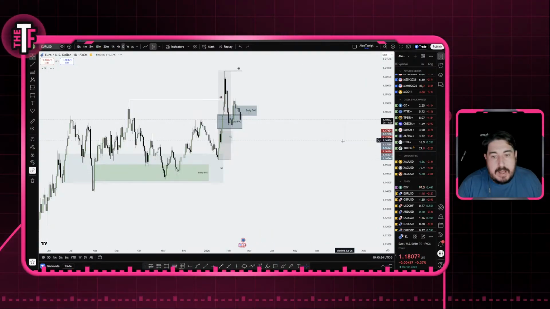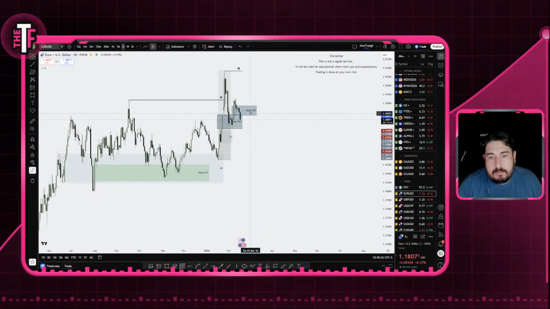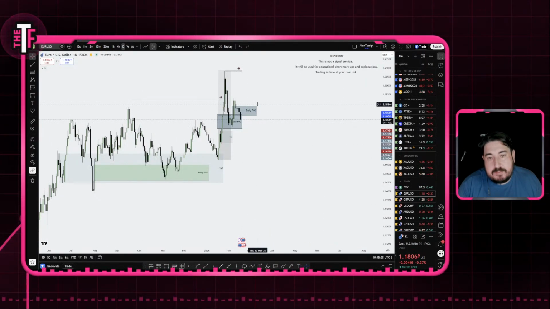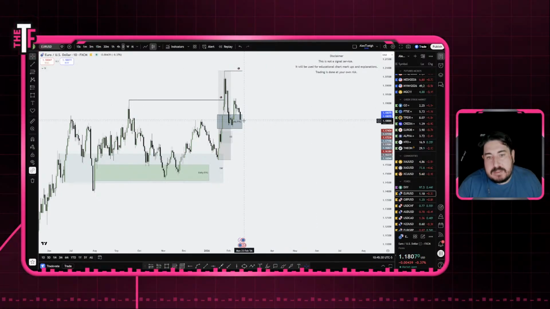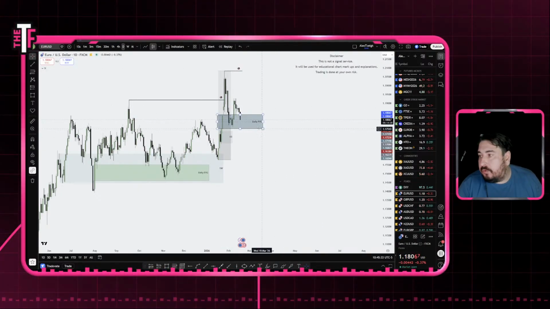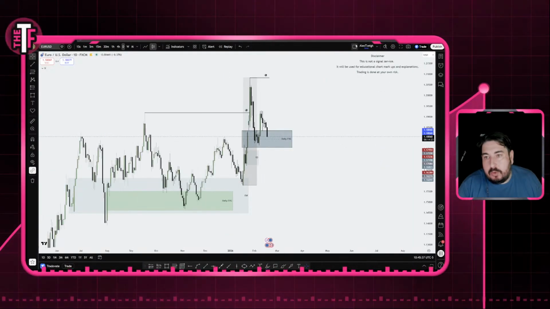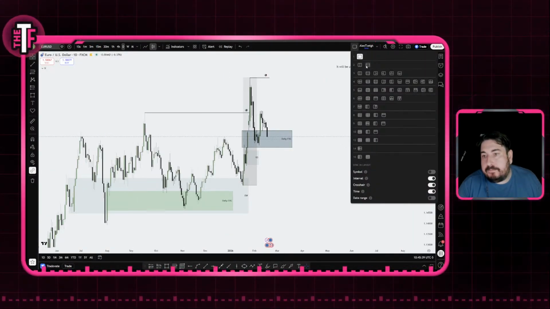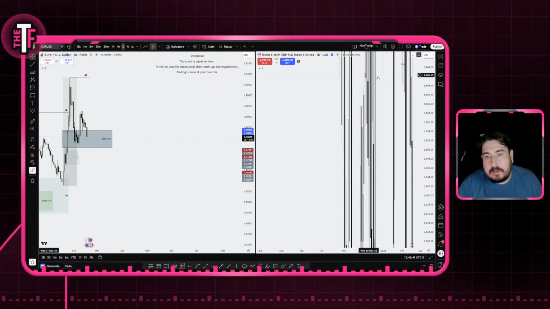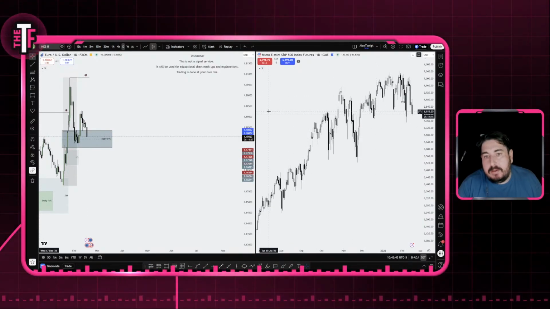You see that price is probably going to break this bullish fair value gap. Let me erase this so it doesn't interfere. But look what I will do if I add DXY over here.